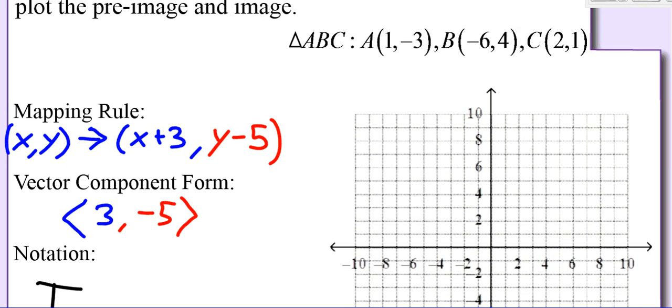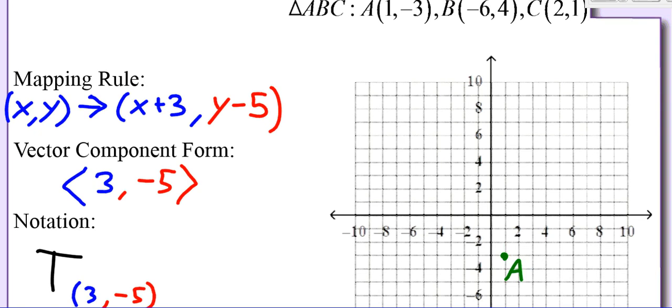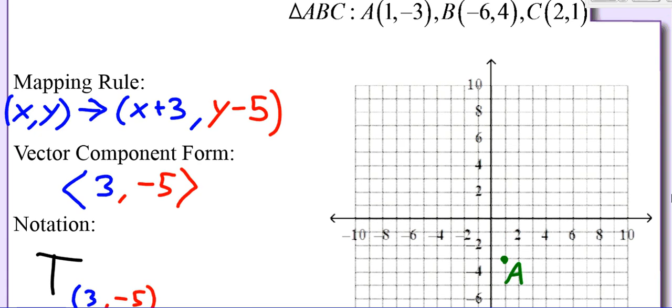So we are going to graph our pre-image, A, B, and C. So A is at 1, -3. Put the point and label it A. B is at -6, 4.